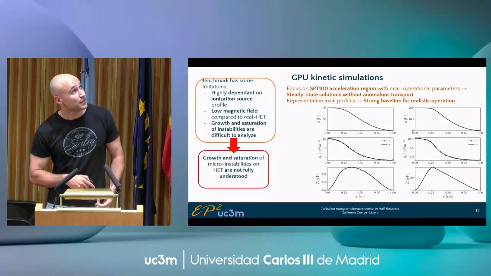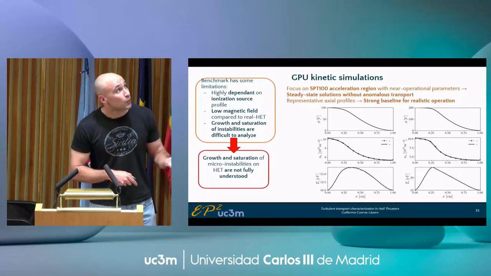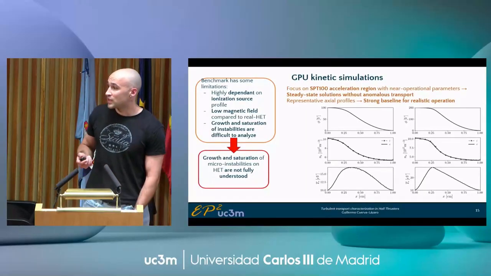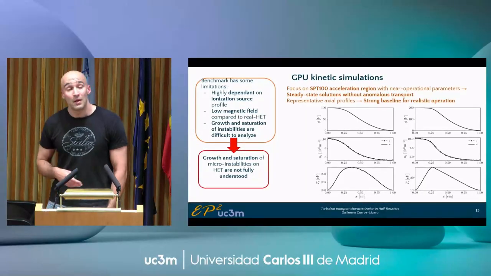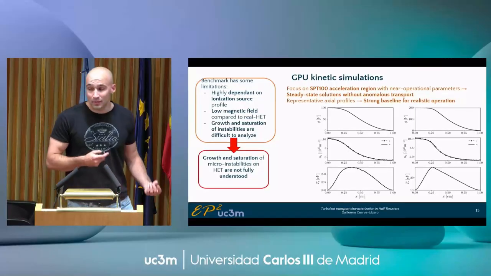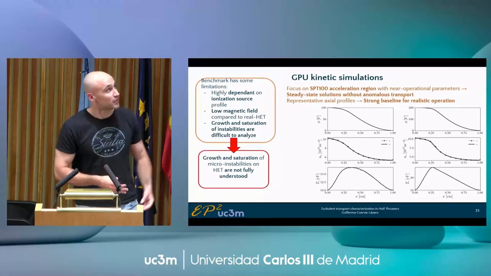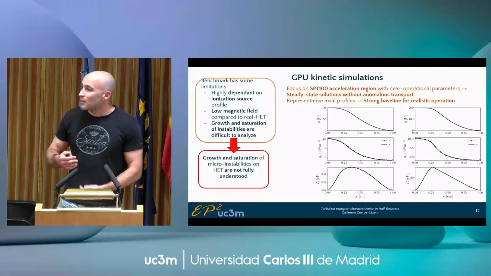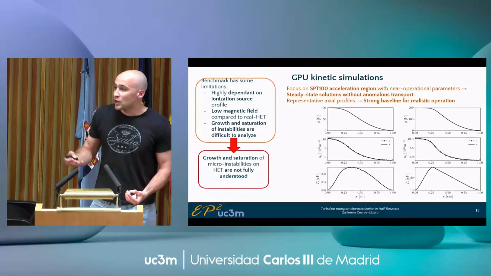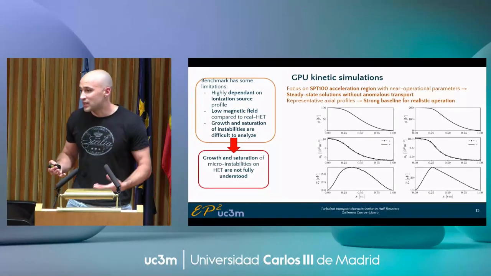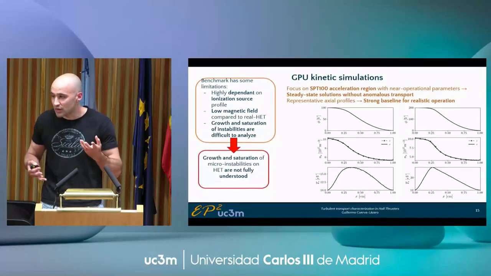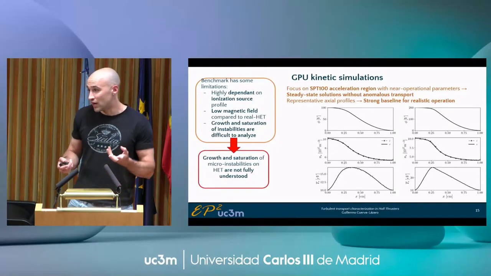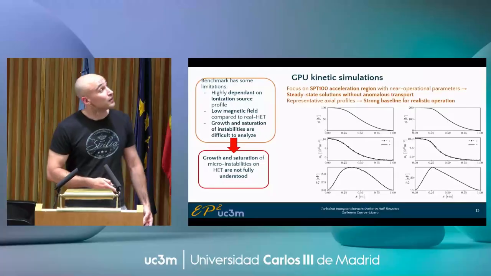So far, we have obtained axial profiles which follow the trends that you would see in a Hall effect thruster, but there are no instabilities yet. The good thing is that it's a strong baseline for iterating and obtaining a simplified scenario with instabilities that appear so we can study it more easily.